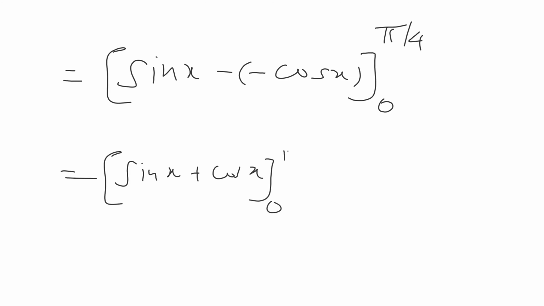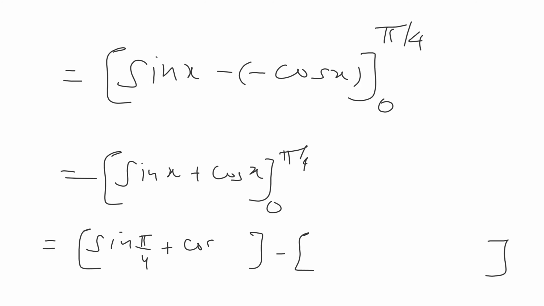Pi by 4 is 45. So this is box minus box. Sin pi by 4 plus cos pi by 4. Sin 0 plus cos 0. Between the two boxes there will be a minus sign. Now this you can solve.